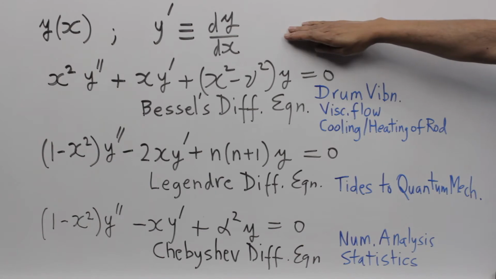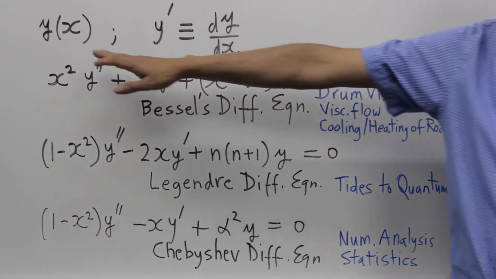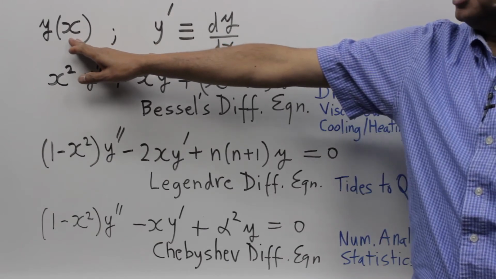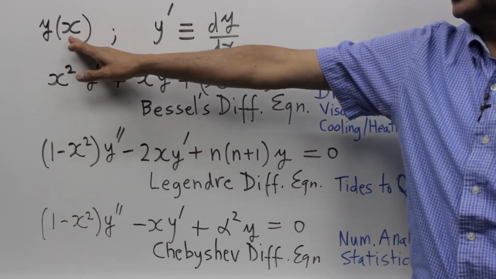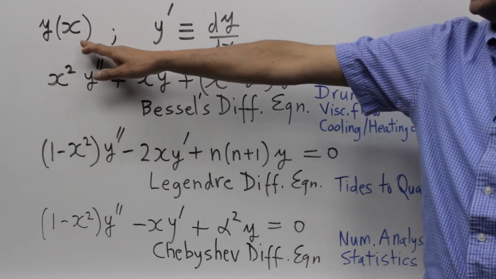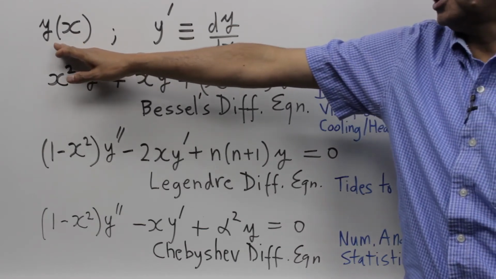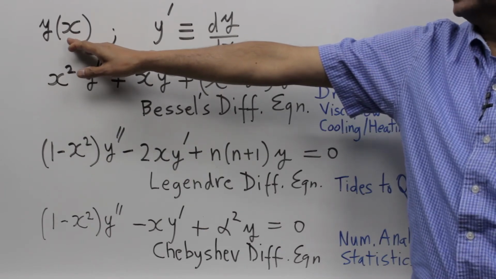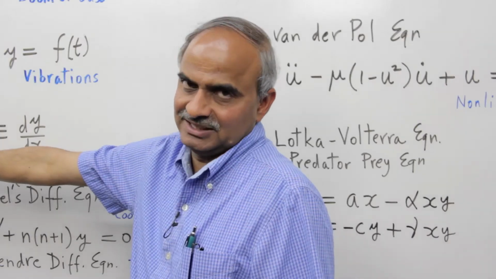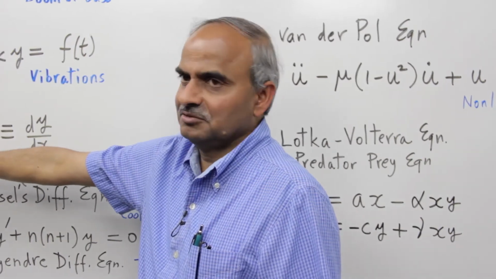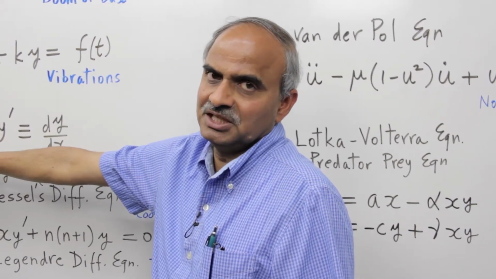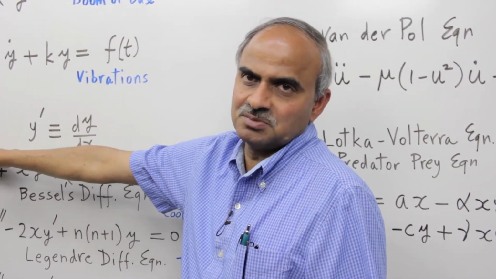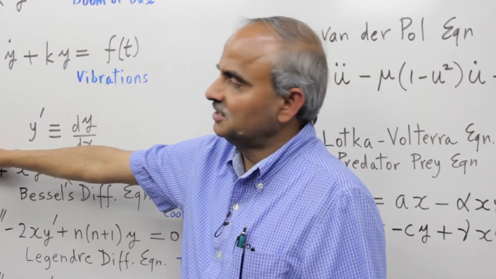Here we are changing the notation a little bit. y, the dependent variable, is a function of x, which is an independent variable. Previously we had t as the independent variable. In many contexts people traditionally like to write the dependent variable as a function of x, and the context will make it clear why x is sometimes chosen when it does not have the meaning of a time, but is more like a space coordinate, a position in space.